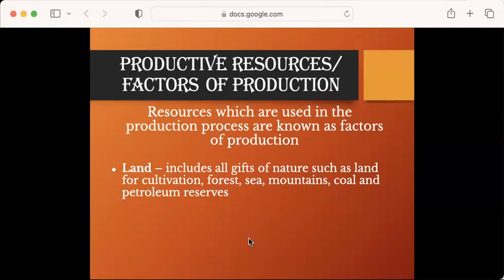Everything which is given by nature, which can be used to make goods, is what we call land.